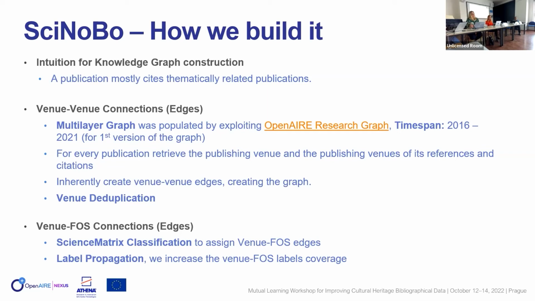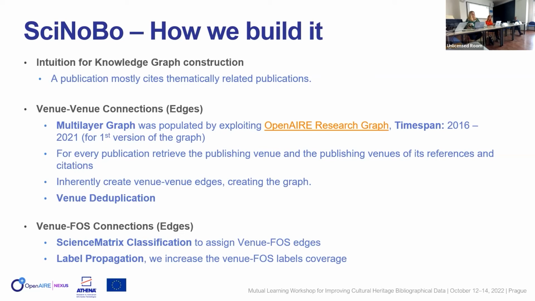You mean the disciplines that are attributed to the publication? Let's say there is a paper on history in a journal which is an ethnology journal.